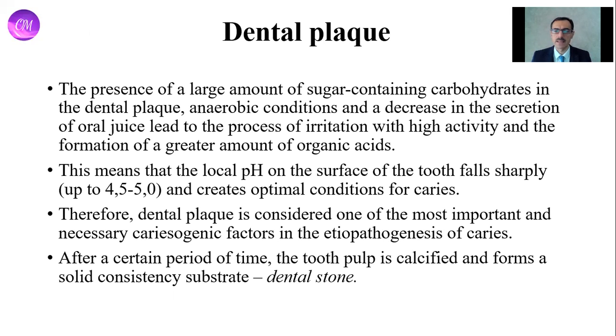Therefore, the dental plaque is considered one of the most important and necessary cariogenic factors in the etiopathogenesis of caries. After a certain period of time, the dental plaque is calcified and forms a solid consistent substrate that we call the dental stone.